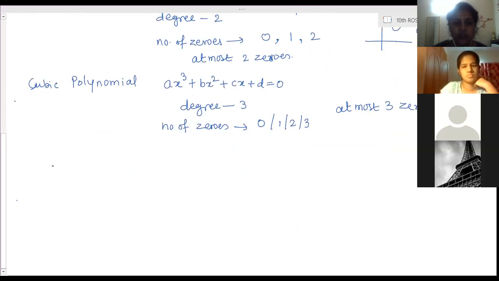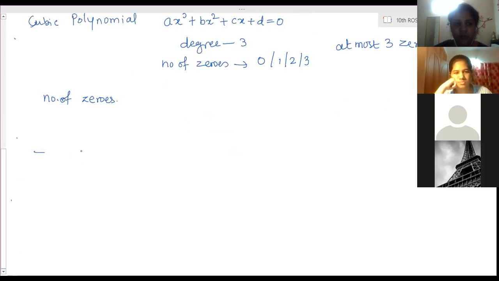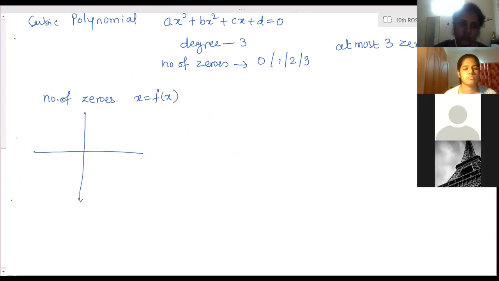Now here again the diagram is given. From that diagram you have to calculate the number of zeros. Here it is given y is equal to f(x), that means the function is in terms of x. So this is a graph.